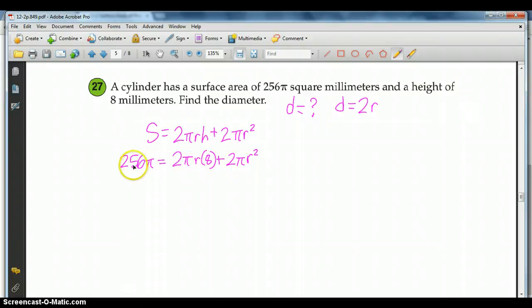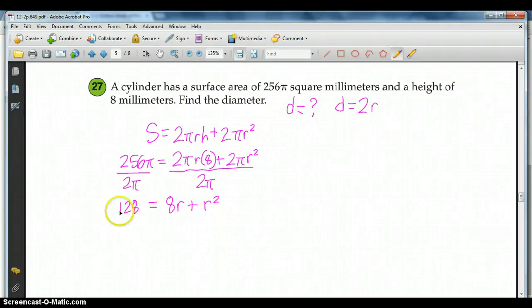This term as well, since it's an even number with pi in it. So in our next step, we're going to divide both sides of our equation by 2 pi in order to simplify. So 256 divided by 2 would be 128. Pi cancels. So 2 and pi cancel here, and we get 8r. 2 and pi cancel there, so we get r squared.